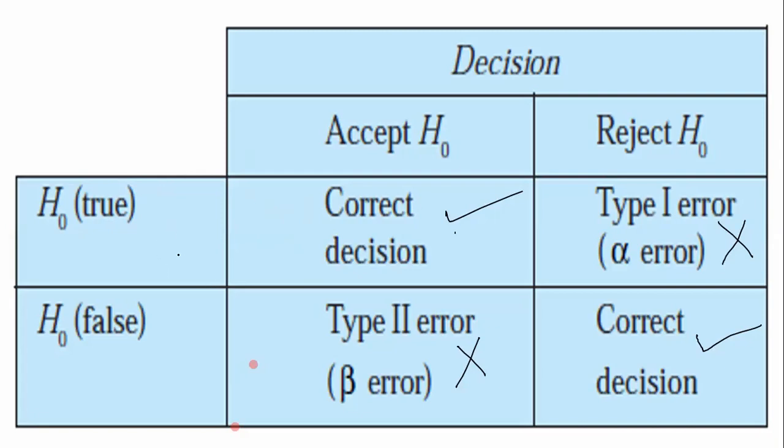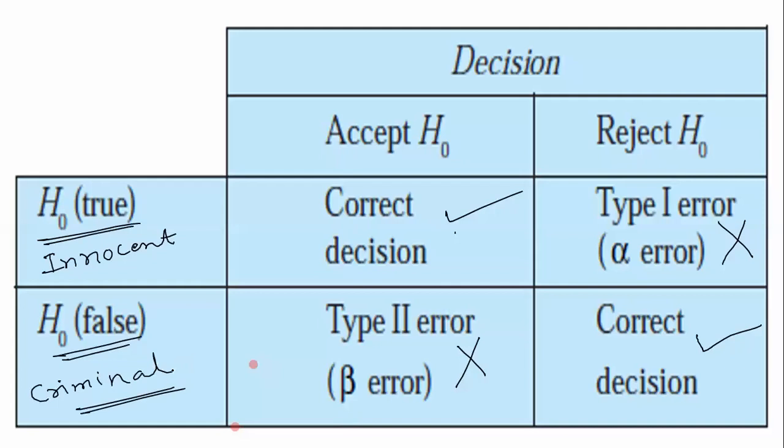So what may be true in that case? Here H0 is true means the person is innocent. This is one possibility. And the other possibility is the person is really a criminal. But we do not know. We are completely unaware about that.